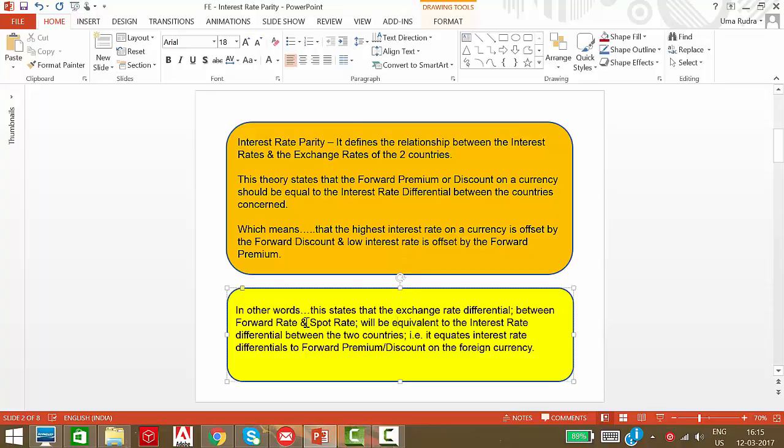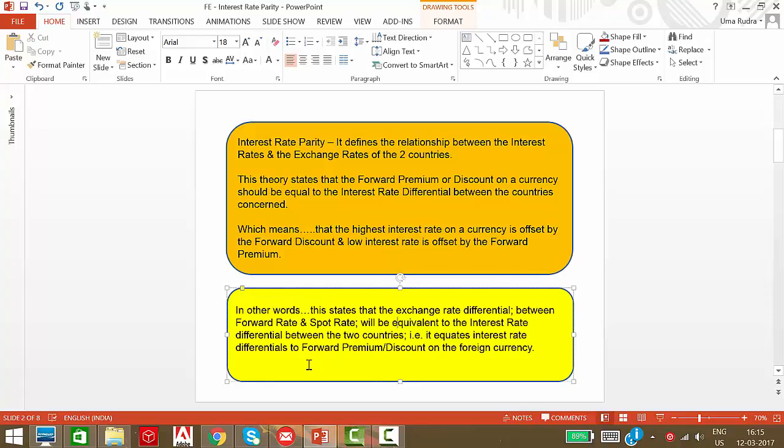In other words, we can say this states that the exchange rate differential between forward rate and spot rate will be equivalent to the interest rate differential between the two countries. That is, it equates the interest rate differential to forward premium or discount on the foreign currency.